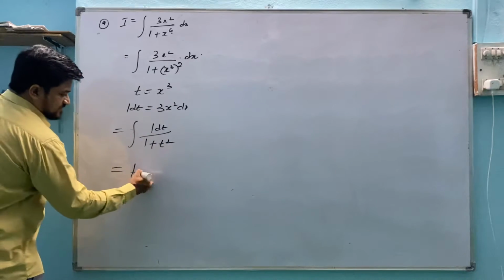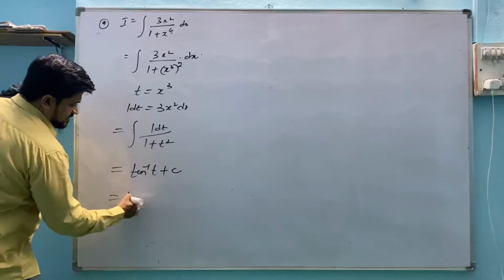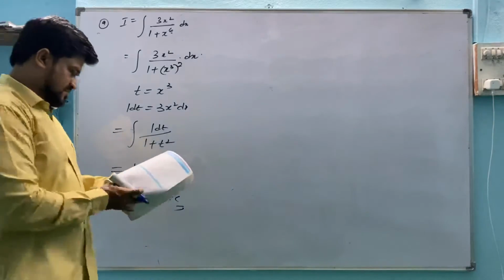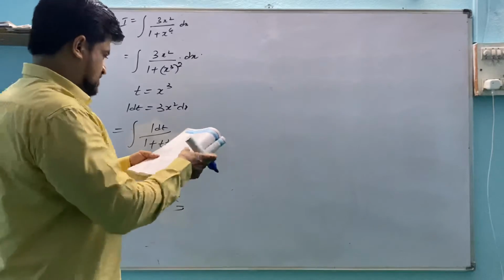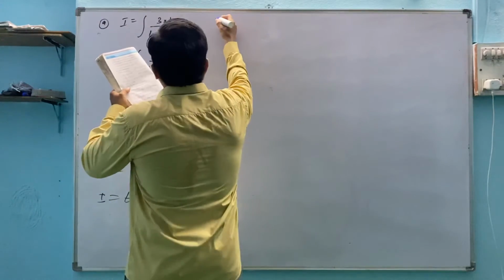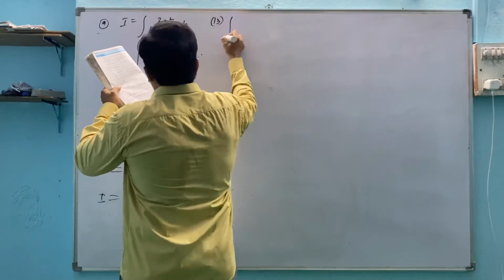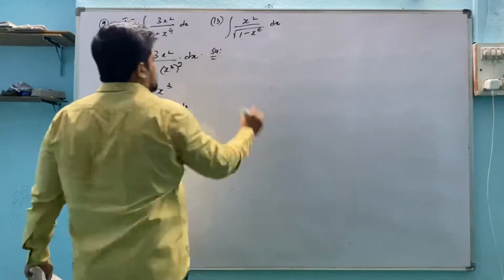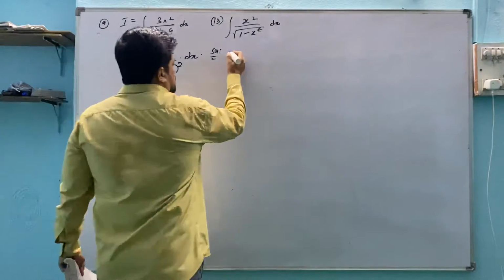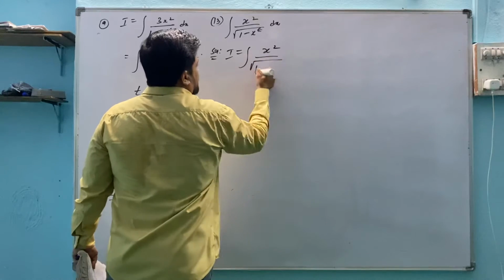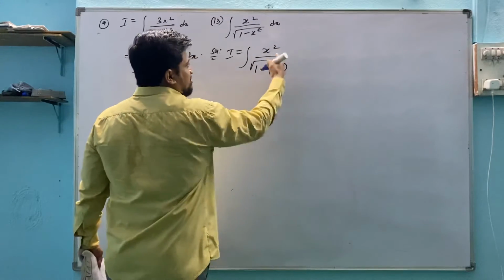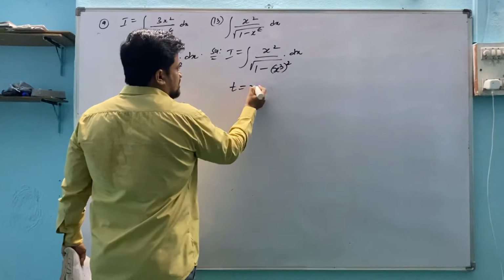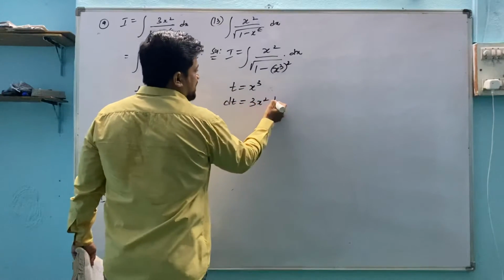1 by 1 plus x square, tan inverse t. Similar case, we have x power 2, so I equals the integral of x square by root over 1 minus x power 6, which can be written as x power 3 in bracket, because power 2 is there, take one extra degree, add 1 to it, then dx. dt equals 3x square dx.